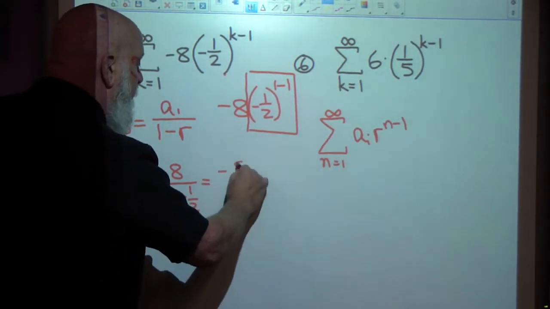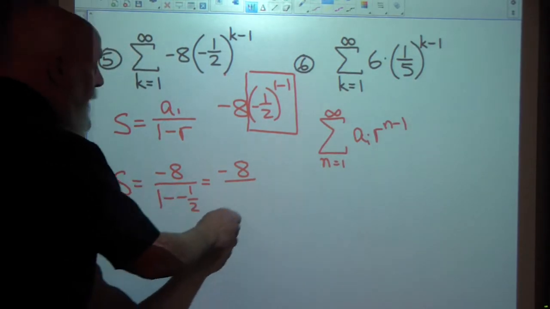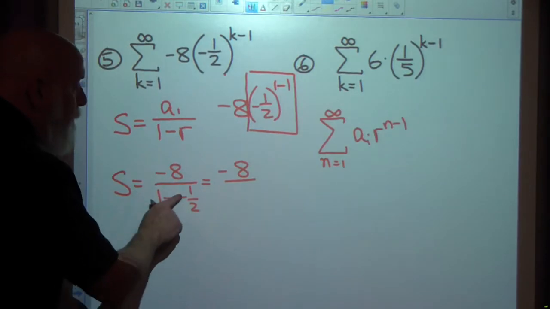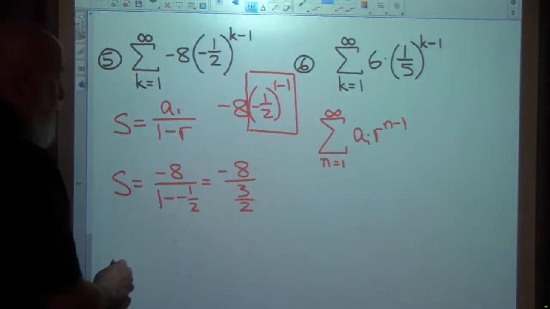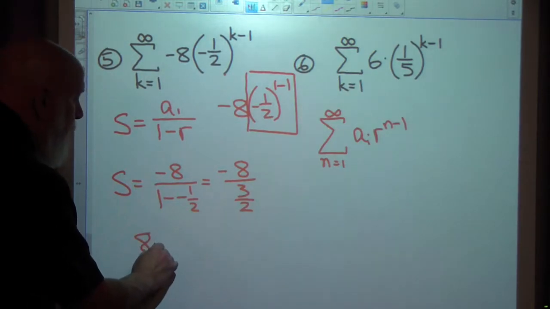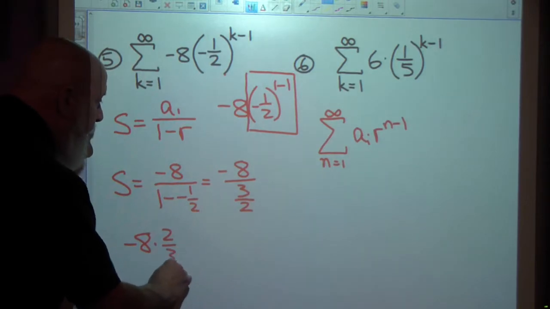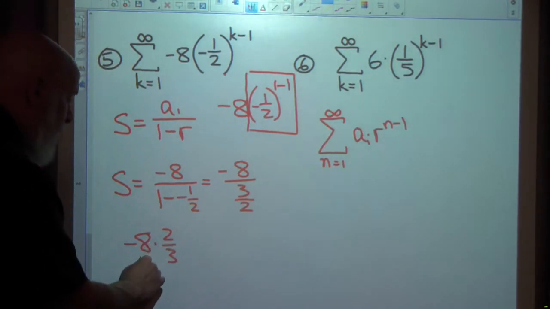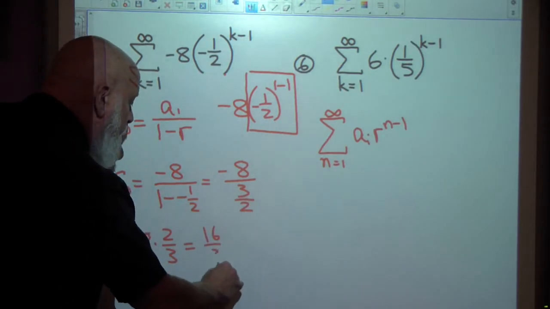This is -8. This is 1 plus 1/2. That's 3 halves. You can think of that as 2 halves plus 1/2. That's 3 halves. That will give me -8 times 2/3. And you think of this as being over 1, it'll give me 16 thirds negative.